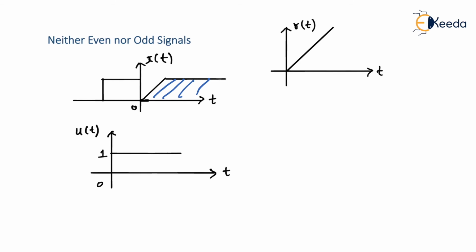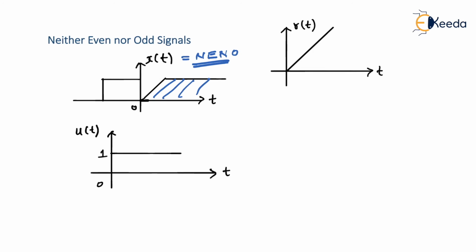Secondly, for an odd signal we know that there has to be at least diagonal symmetry, right? There has to be compulsorily a diagonal symmetry. So there is no diagonal symmetry also, right? Secondly, this x of t is also not equal to 0 at t equal to 0. Therefore, this x of t is in the neither even nor odd signal category.